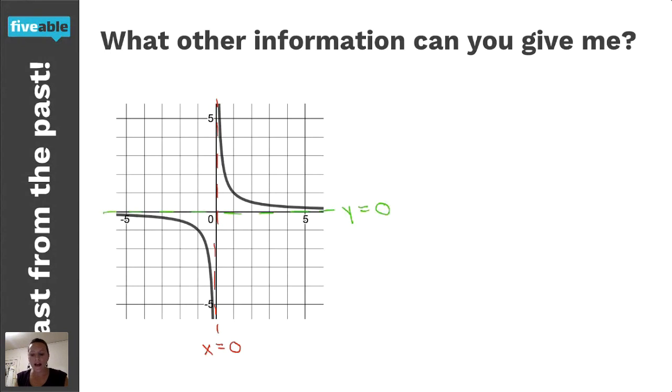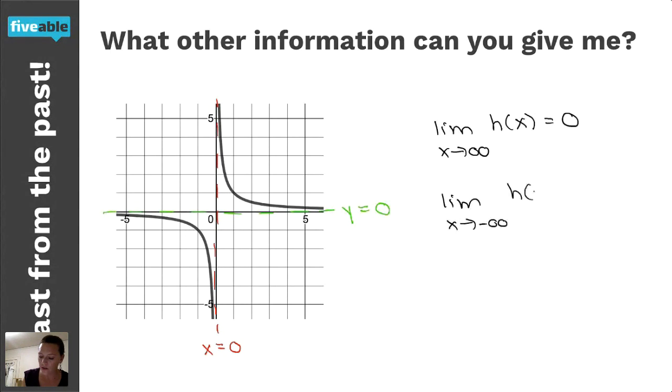We know that the limit as x approaches infinity of this function, which we called h of x, equaled 0. And the limit as x approaches negative infinity of h of x equaled 0. We said that this was a bottom-heavy function, and it has a horizontal asymptote at y equals 0.